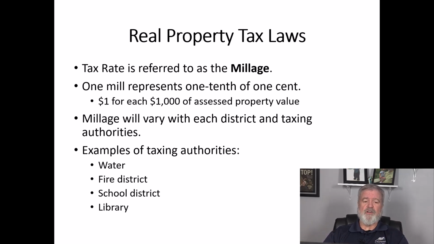Water, the fire district, school, libraries, you name it. This is not an all-inclusive list, obviously, but the municipality will come up with what they deem, this is how much we must take in taxes to be able to pay for everything that needs to be paid for.